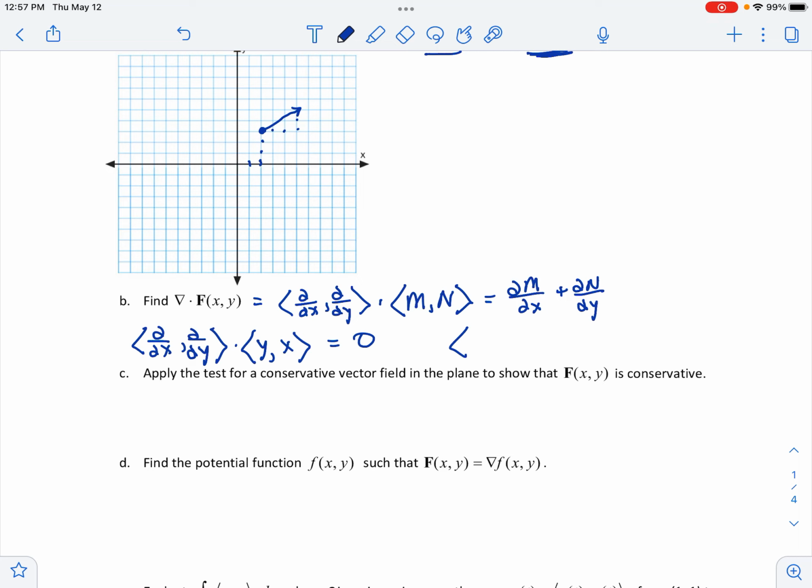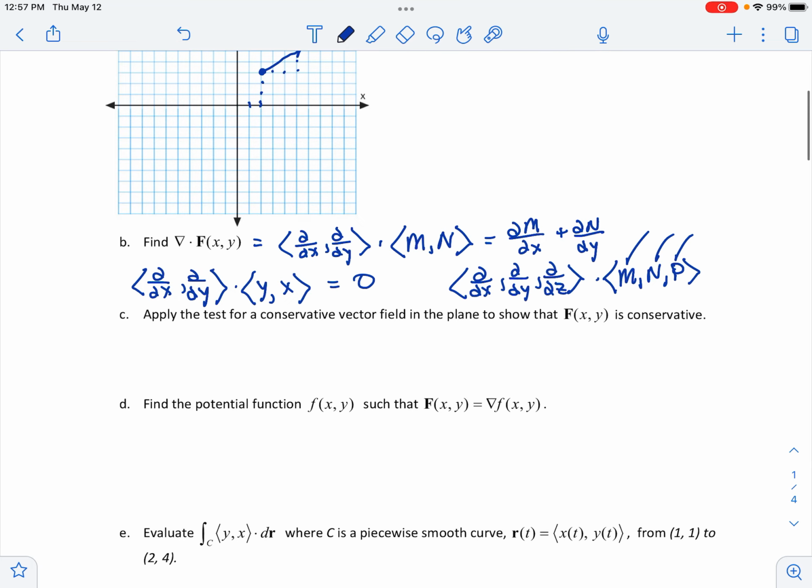It would be partial with respect to x, partial with respect to y, and partial with respect to z. And then we would dot m, n, and p. And we would take the derivative with respect to x of m, derivative with respect to y of n, and the derivative with respect to z of p, and add those together. So that's if we had 3 dimensions.